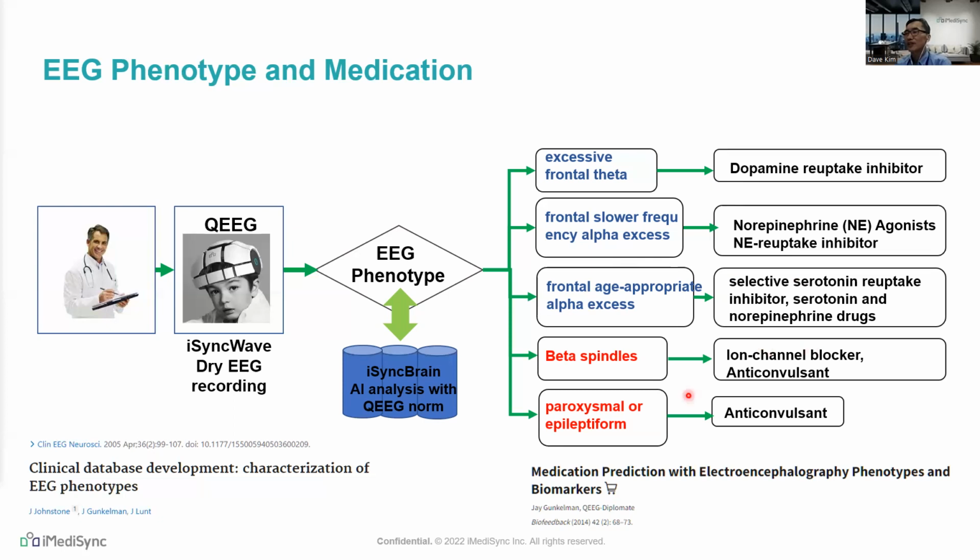The paroxysmal and epileptiform patterns also respond to anticonvulsants. The basic intervention approach is very aligned to the previous two-dimensional model. Basically, we can use the EEG phenotype to design personalized interventions.